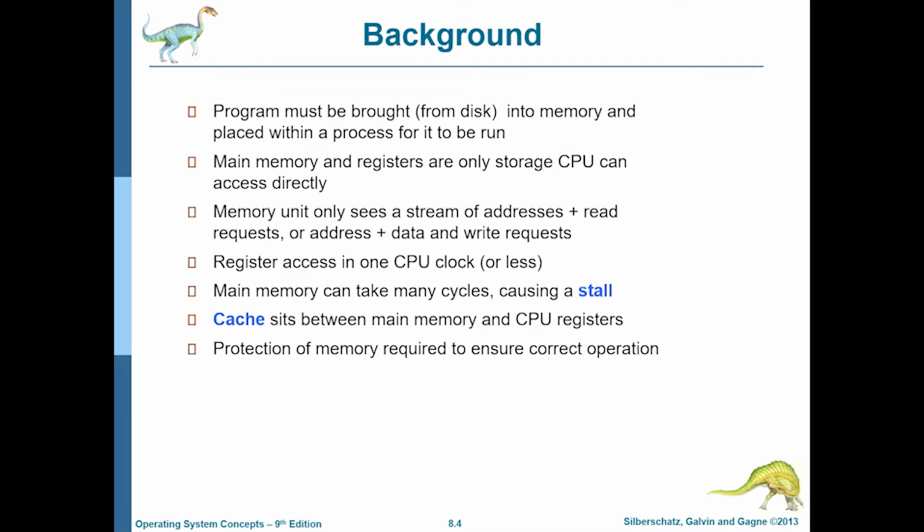There is something called a memory unit which sits between the CPU and the RAM, the main memory. Its job is to take an address, and whether it's a read or a write, it reads data from that memory address or writes data to it. That's its only job. It does not worry about how the memory addresses are created. If you have done architecture before, you will know that there are different ways of addressing.